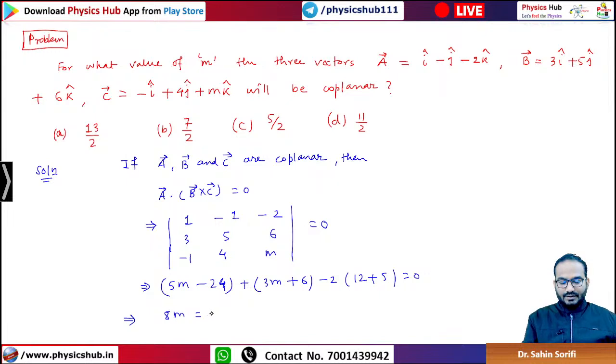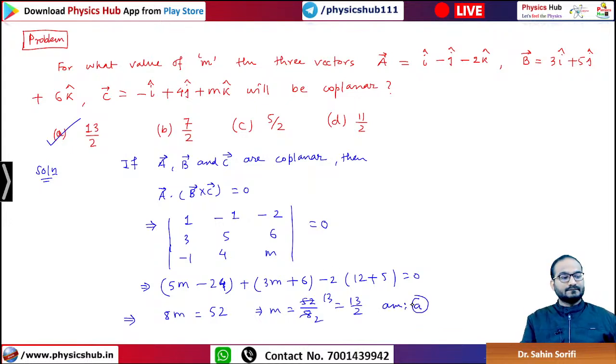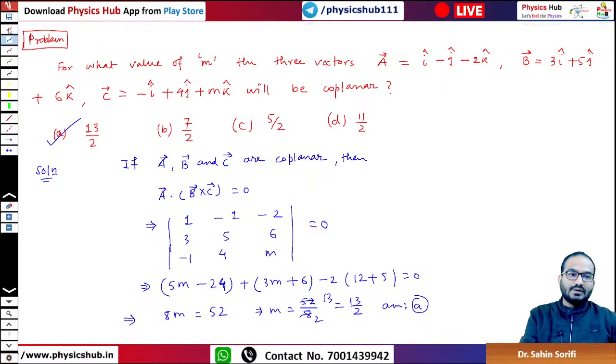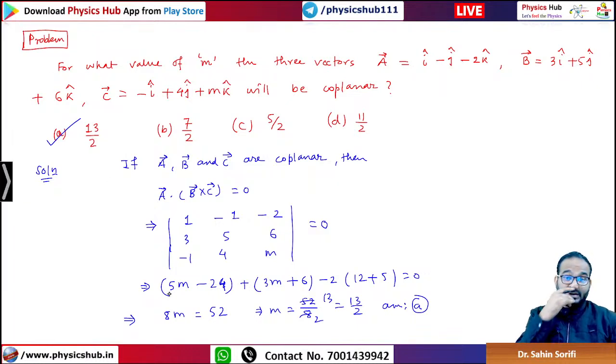So this becomes 52. If it goes to the right side, then m becomes 52 divided by 8, so 13 by 2. Option A is matching. In this way you can solve this kind of problem. Let's move on to the next problem. The next problem is looking like this.